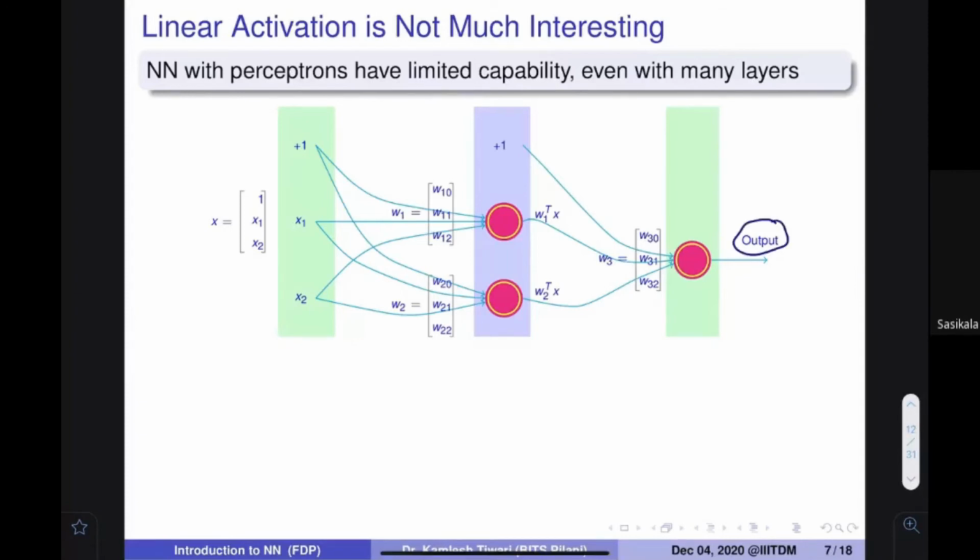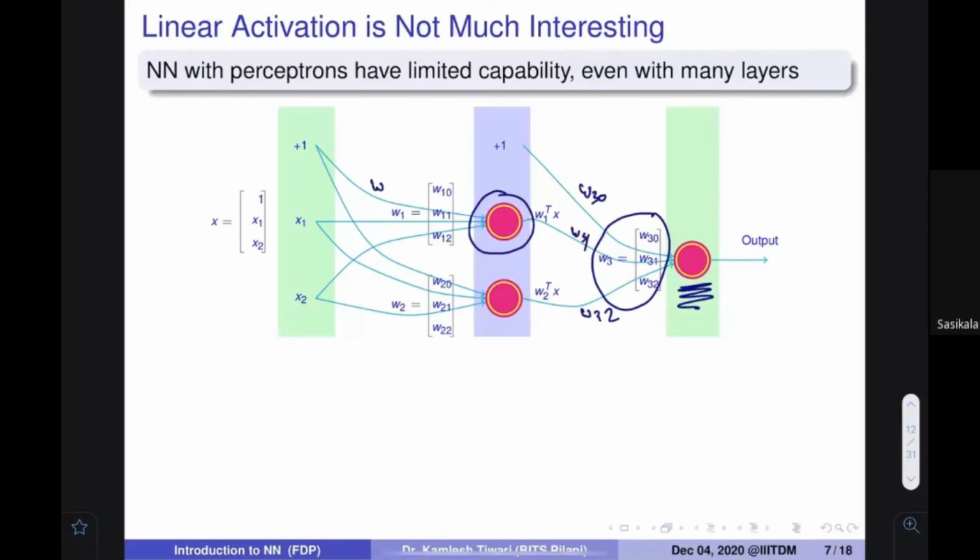Actually, let me explain something more. Let's assume that for this perceptron these are the weights: W30, W31, W32. For this one W10, W11, W12. For here W20, W21, W22. Clear?